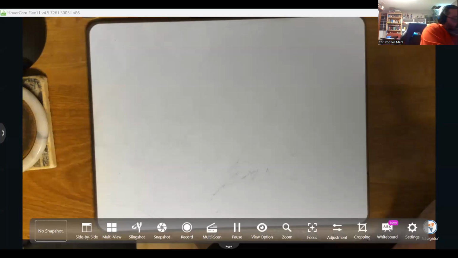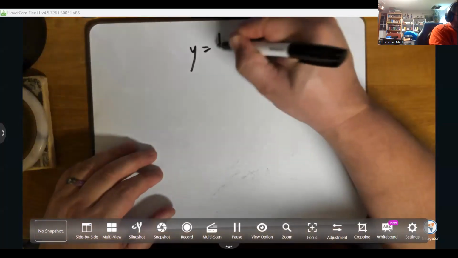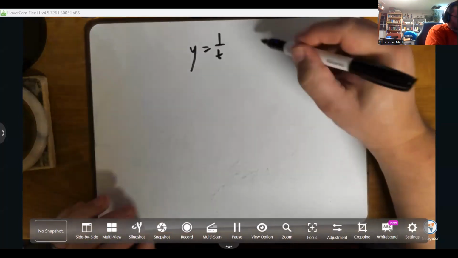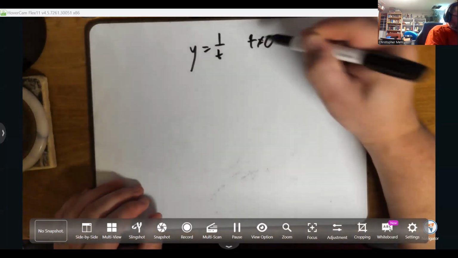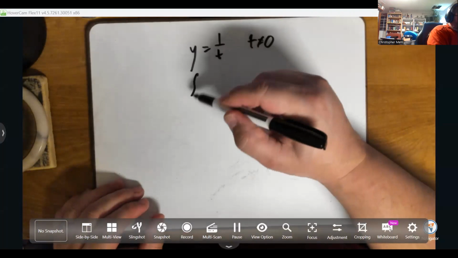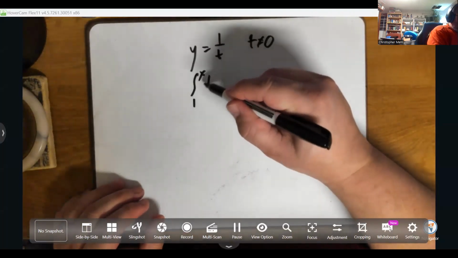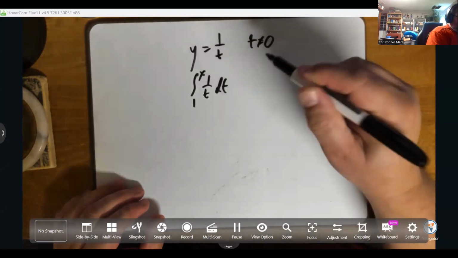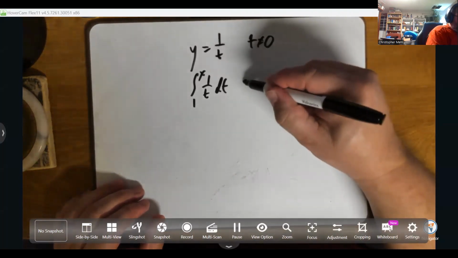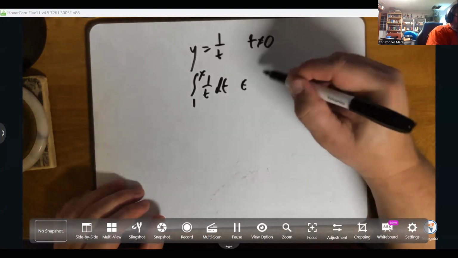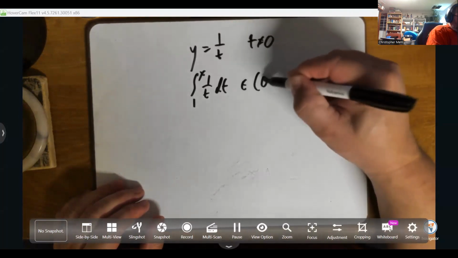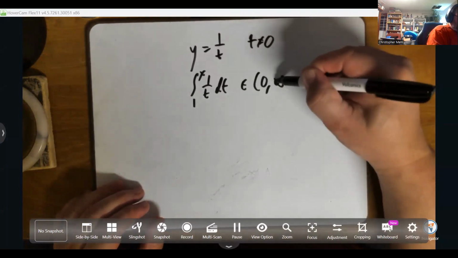All right, so if we go back to looking at our function, if y equals 1 over t, we note that t cannot equal 0, and so the integral from 1 to x of 1 over t dt only exists on 0 to infinity.